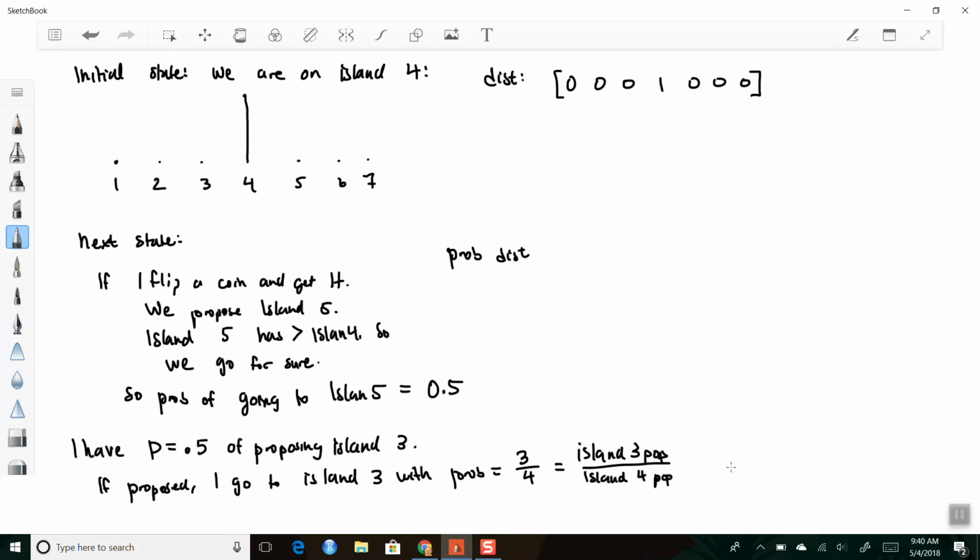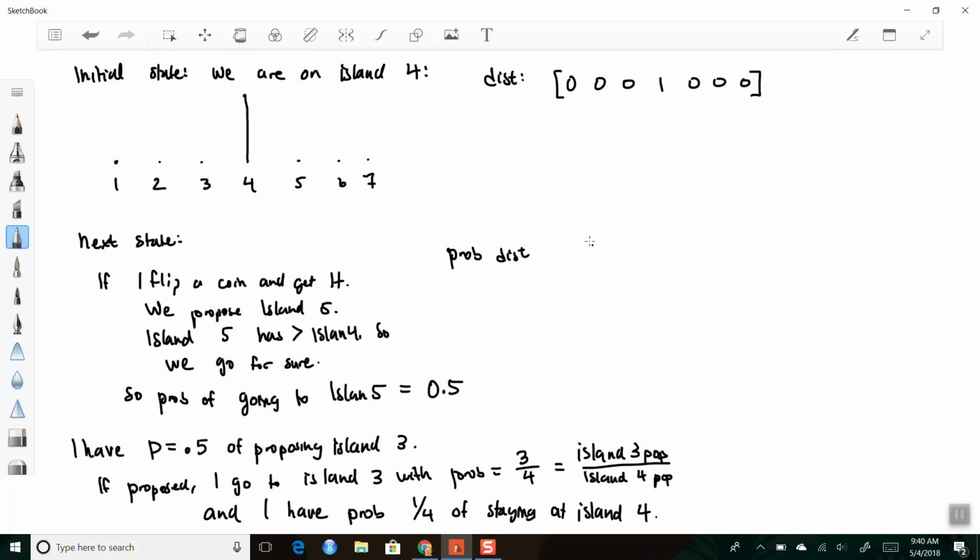Okay? Which means, what is the probability I will stay at island 4? 1/4 if I propose island 3. And I have probability 1/4 of staying at island 4. Okay?